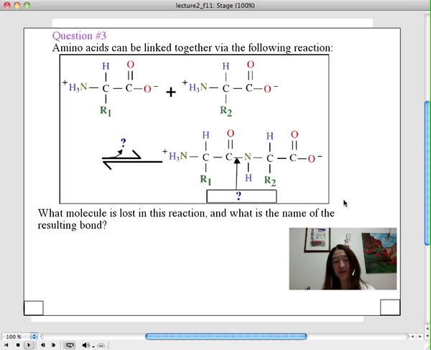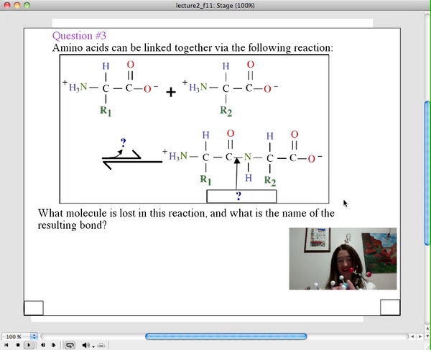Excellent. So I hope everybody has thought through the name of that bond, and I'm going to go ahead and make the bond here. So I'm going to pull off the needed molecule or the needed atoms to make the bond between the 2. Oop! I just threw one clear across the room.